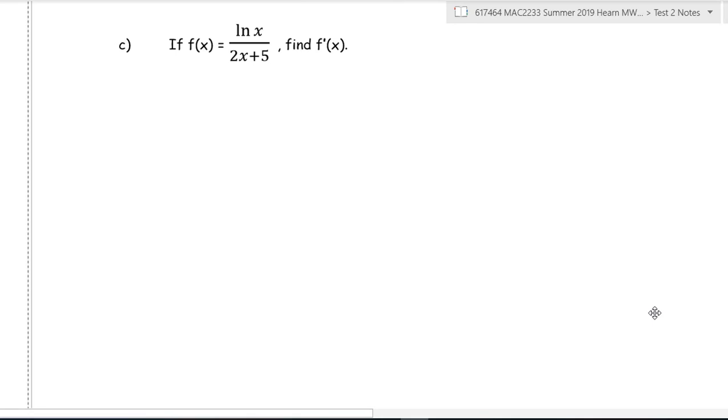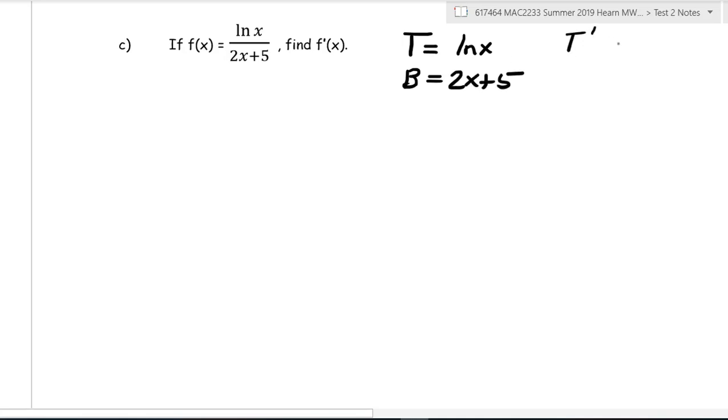Here's another quotient rule example. We have the natural log of x over 2x plus 5. So our top function is the natural log of x, and our bottom function is 2x plus 5. And so the derivative of the top is 1 over x, and the derivative of the bottom is 2. So we're going to fill that in.